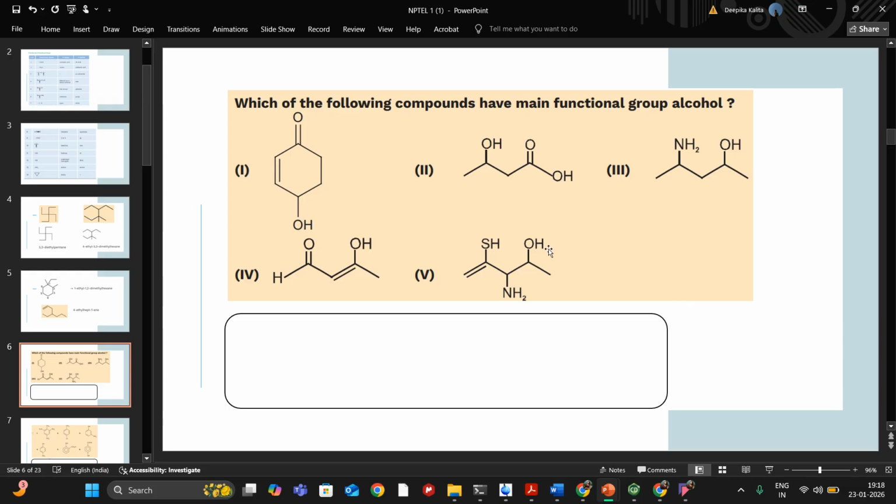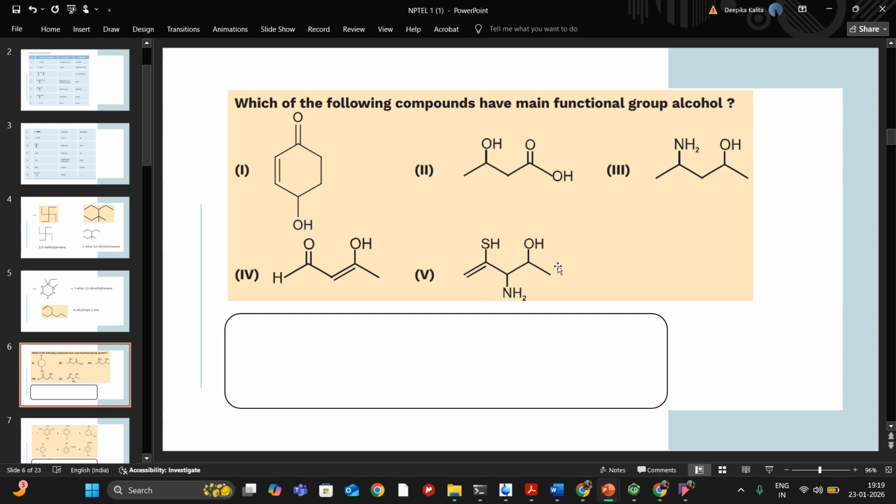As you can see, in this alpha beta unsaturated ketone, we are going to have a hydroxy group present. Here also in this carboxylic acid, we have a hydroxyl group. And in this amine as well, we have a hydroxyl group. And in this compound where we have a thiol, we have an amine.